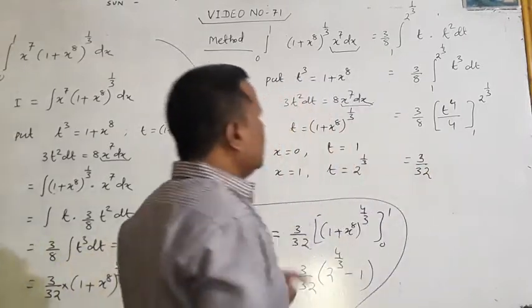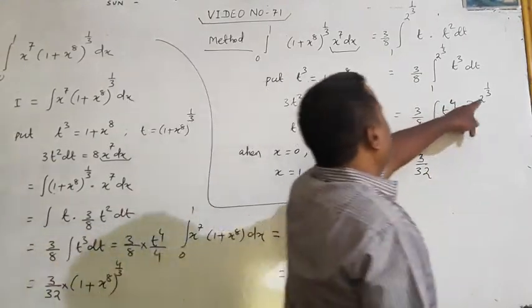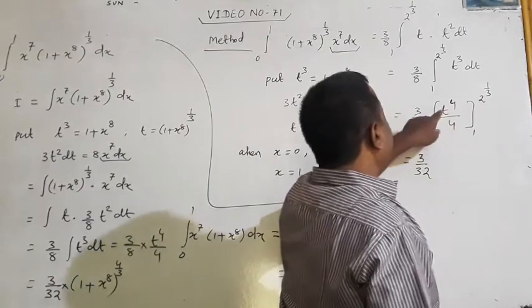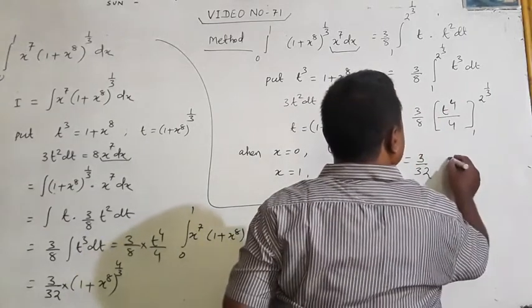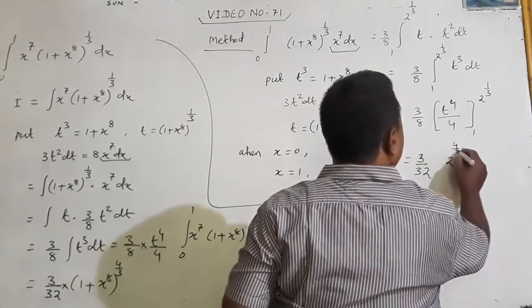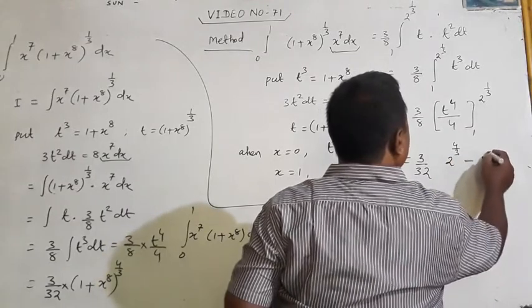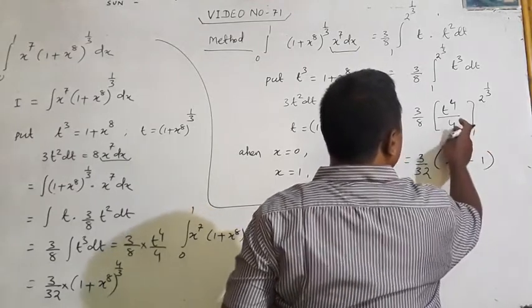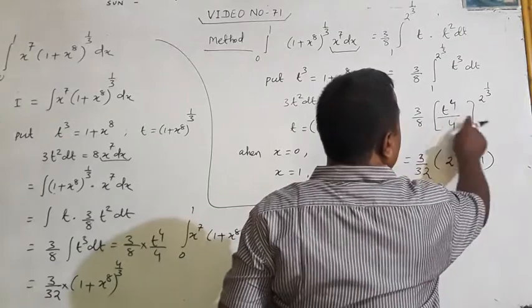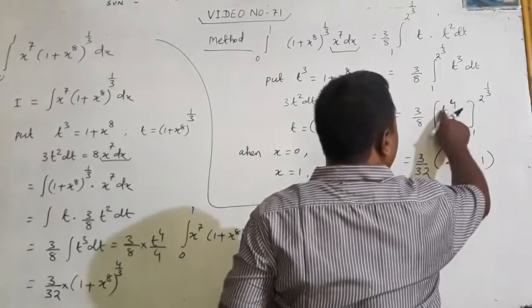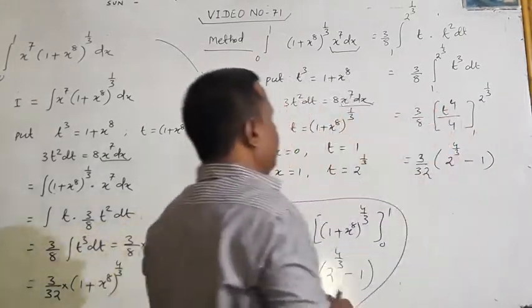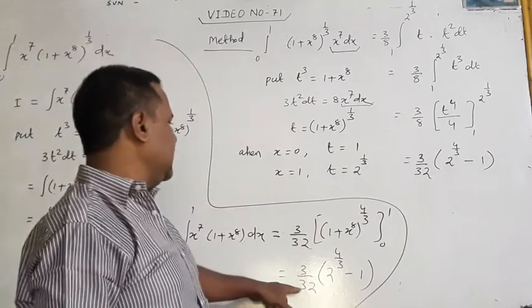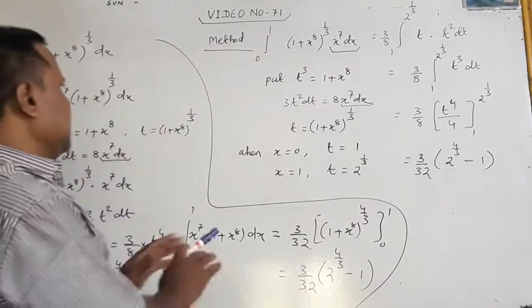You have to put the value of 2 to the power 1 by 3 in place of t, that is 2 to the power 4 by 3 minus 1. Because 4 is going outside, you put the upper limit value, then minus the lower limit value, and it is the answer matching with this. What is the difference?